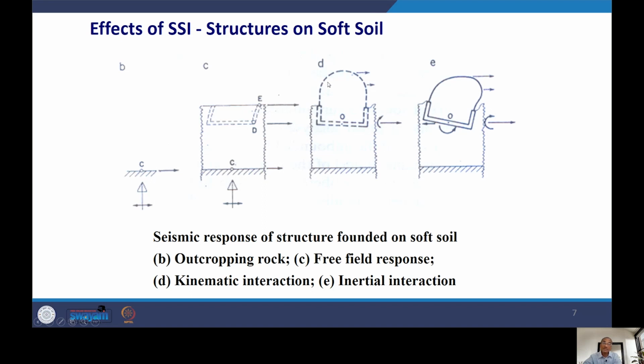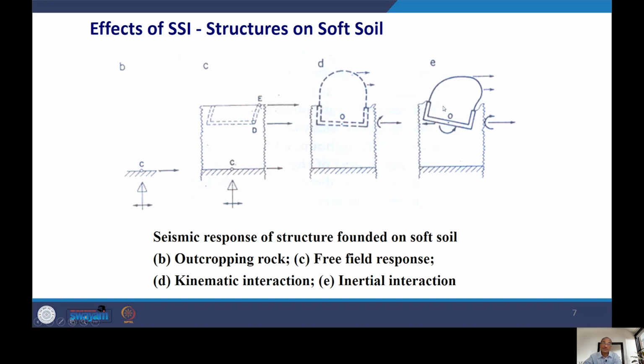Now, when you insert the foundation and the structure without mass, that means without considering the inertial effect, due to this embedment you have kinematic interaction, and due to its presence you get the rocking component and a significantly enlarged amplitude of the translation component.